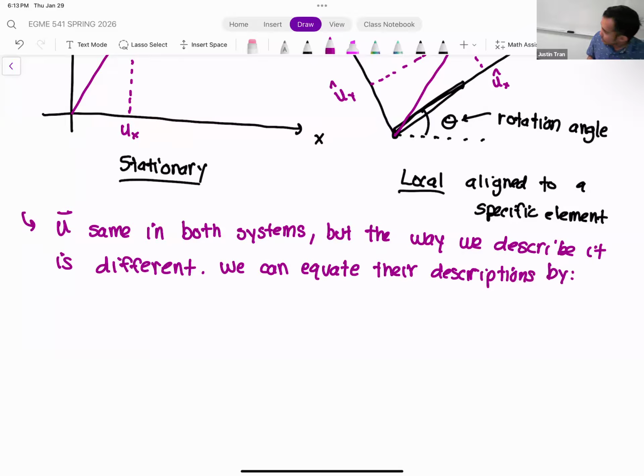On the one hand, we have the description of the vector in the stationary coordinates, so that's ux multiplied by i plus uy multiplied by j, where i and j are unit vectors in the stationary x direction and the stationary y direction.